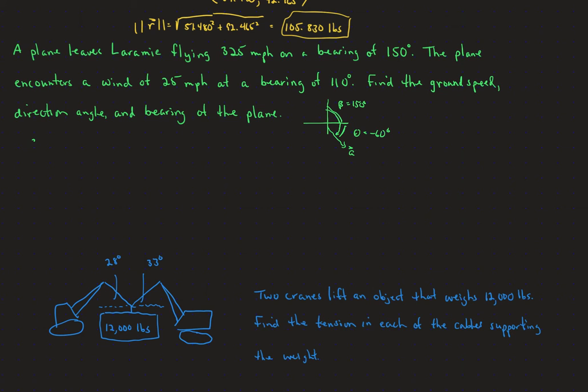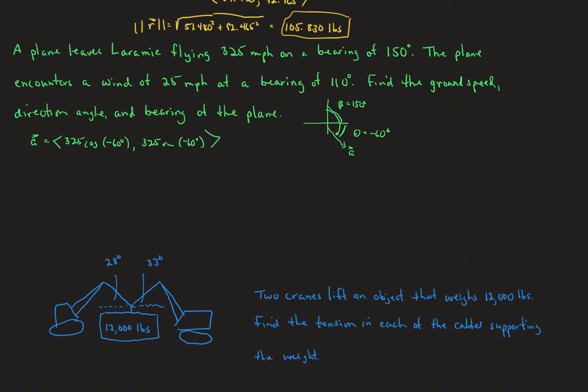So the airspeed vector is going to be <325 cosine of negative 60 degrees, 325 sine of negative 60 degrees>. Our wind speed vector, I'm going to change colors for this.